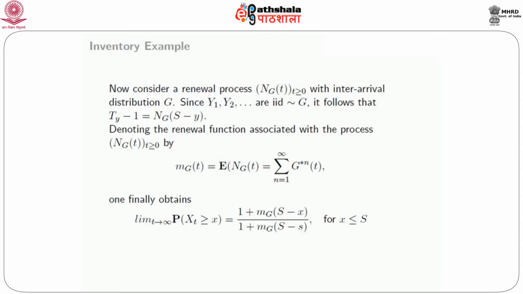So the most important thing here is this understanding that with this new renewal process N_G, for any y, Ty minus 1 is N_G of S minus y, where N_G is the renewal process whose interarrival distribution is G. So successive demands Y1, Y2, and so on are the interarrivals. So that is how we get this result.